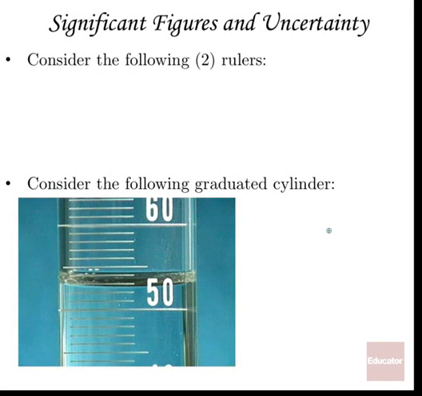All right. The next item is very important whenever you make measurements, and this is called significant figures and uncertainty. Consider the following two rulers. Let me draw one ruler, and a second ruler on the bottom. The difference is going to be their tick marks.